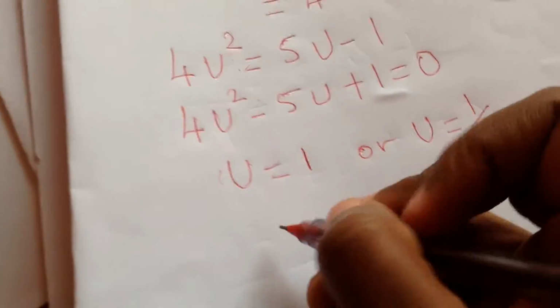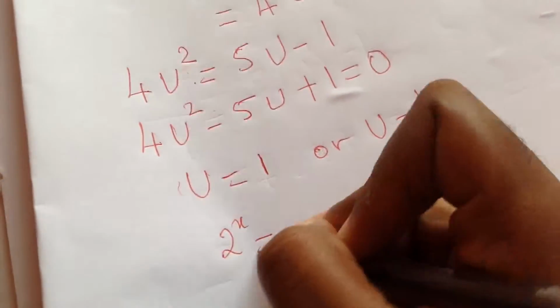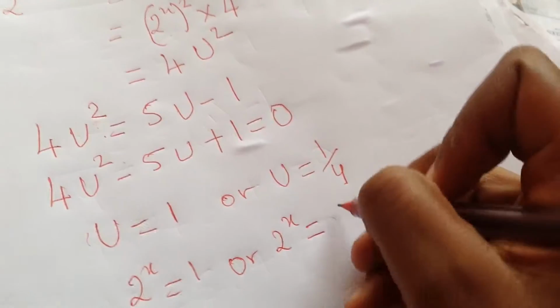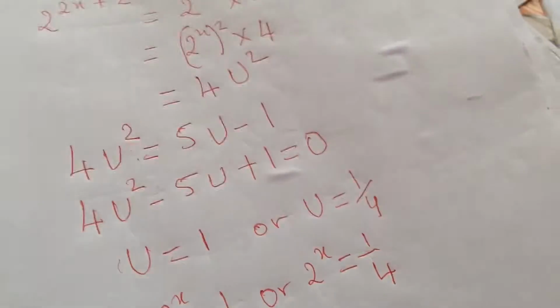Then you know that u was equal to 2 raised to the power of x, so you come back and you write 2 raised to the power of x is equal to 1, or 2 raised to the power of x is equal to 1/4. If you remember my past videos on how to solve this, go back in case you have an issue. I need to change the base.